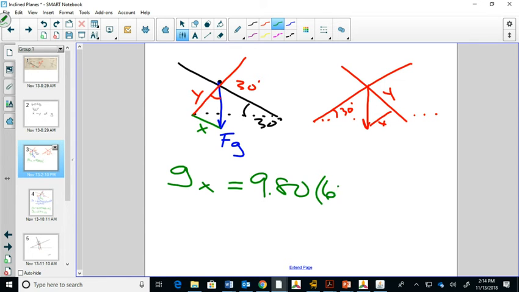Acceleration times 60.0. We'll give some significant digits to make it easier. How do I find this x piece of it now? Sine, why is it sine? It's opposite the angle. Good. So sine of 30.0, we'll add another significant digit there just to make life easier. Okay, do the math. What do I get?